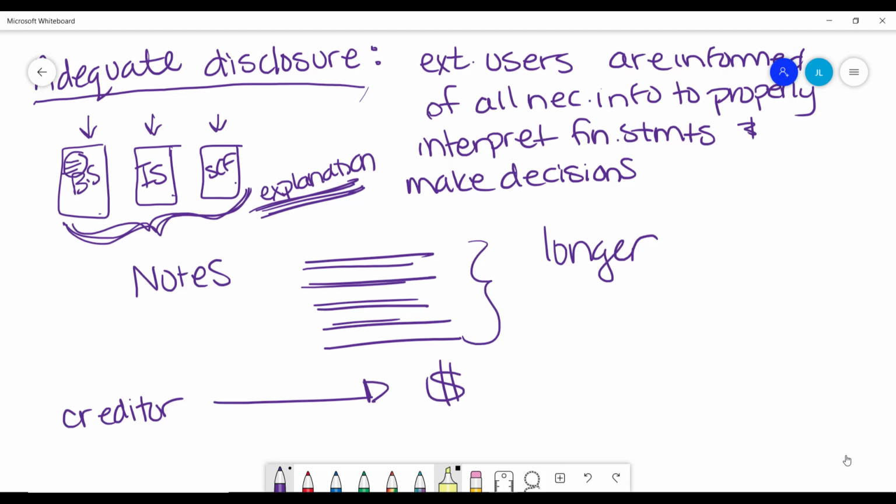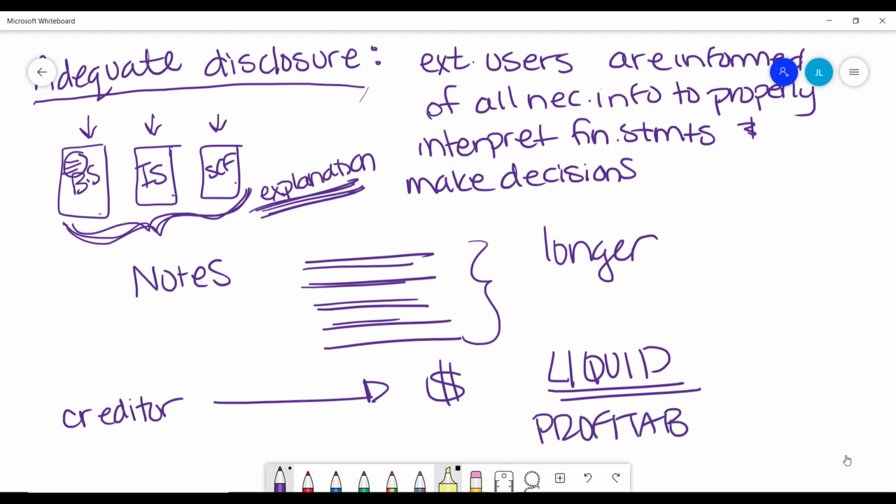If I look at these financial statements and I see that this business is highly liquid, I'm going to be more inclined to extend credit to this business. But if the opposite is true, I might be more apprehensive. If I see the business has also been very profitable, that might also make me more comfortable with extending credit to a business. But as a creditor, I'm really more concerned about its liquidity.